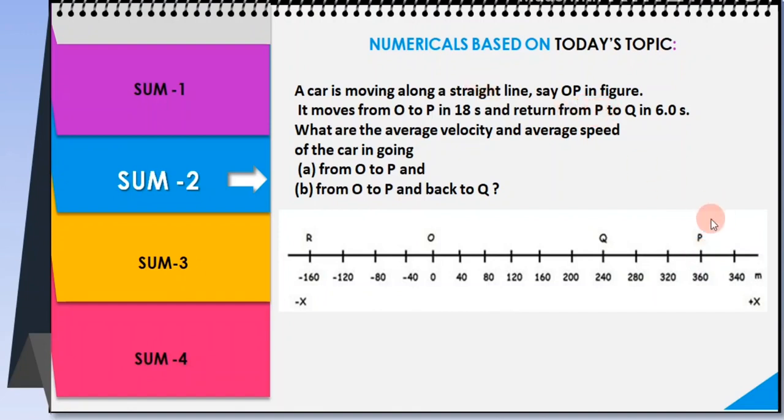Then it returns from P to point Q in 6 seconds. What are the average velocity and average speed of the car when it goes from O to P? So in one case you have to find the average velocity and average speed for O to P, and then the average velocity and average speed from O to P and back to Q.